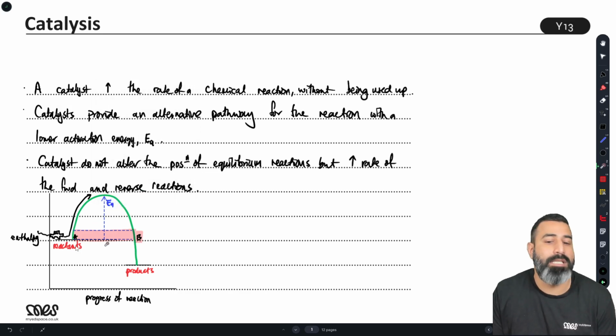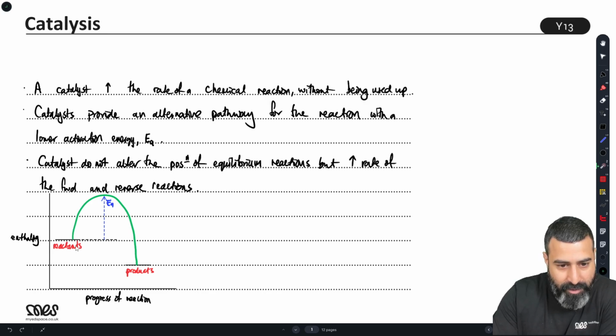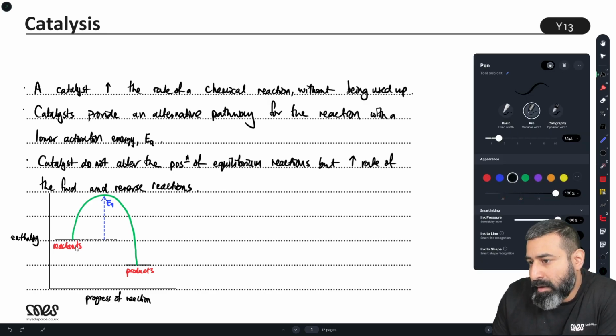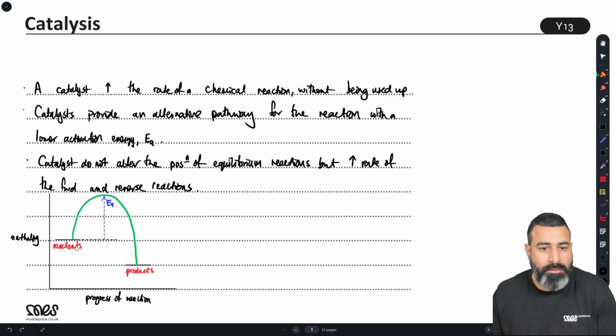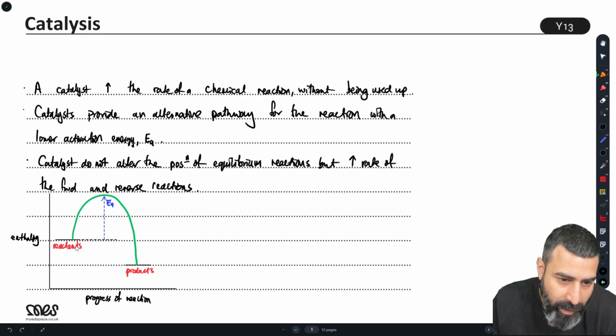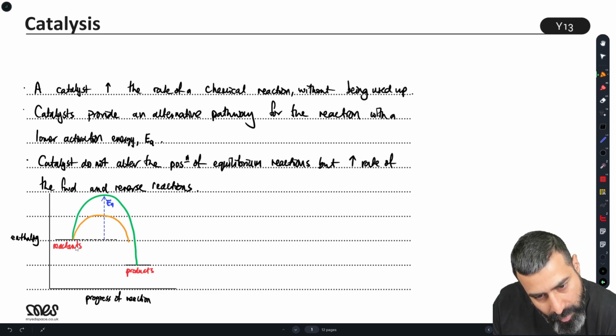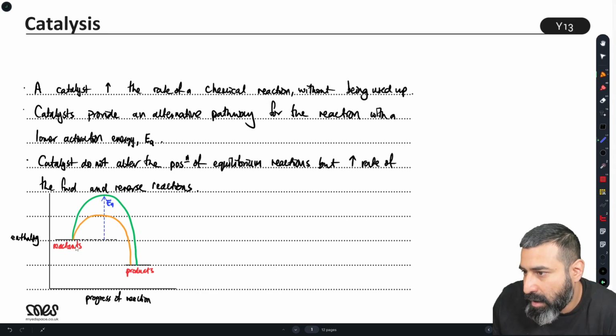We can lower the energy requirement for a given reaction. Okay, so going away from cars and going back to the chemical domain, let's have a look at how the energy profile diagram looks for a catalyzed reaction. Well, we're going to have a lower energy requirement, so the hill isn't going to be as large.